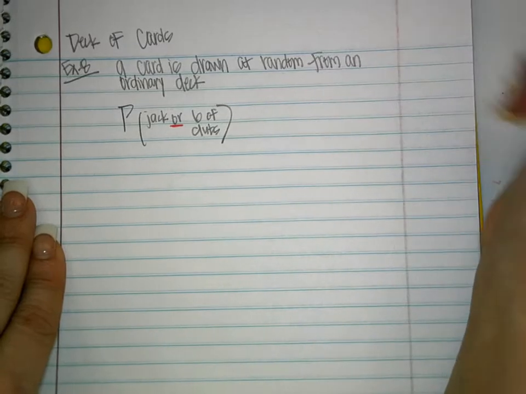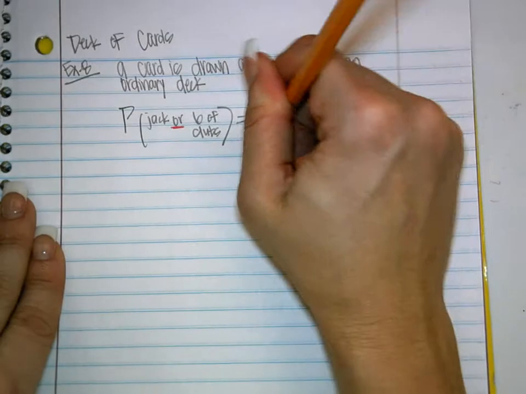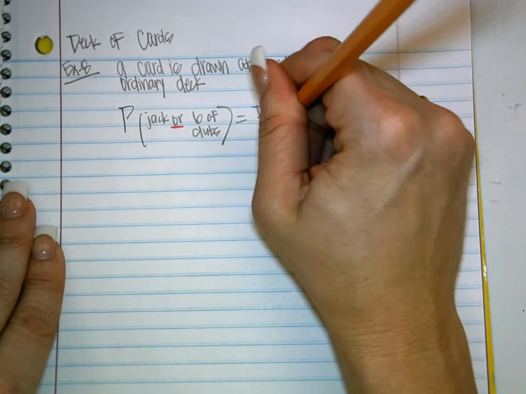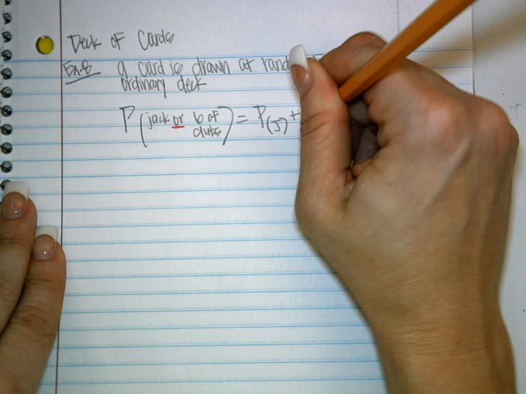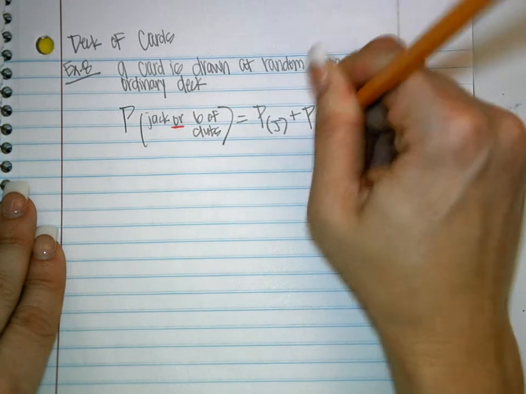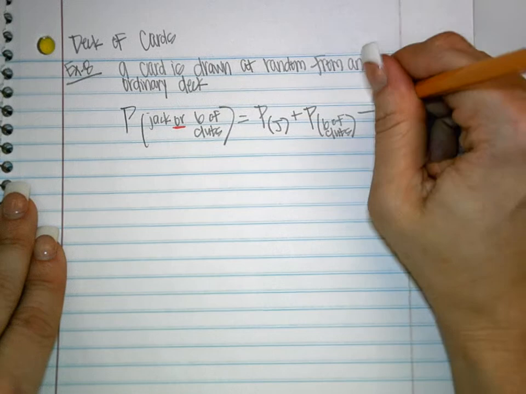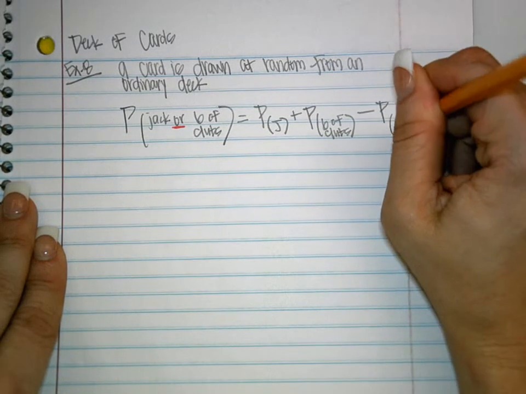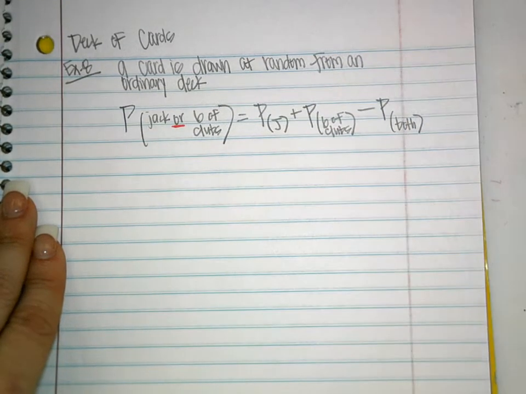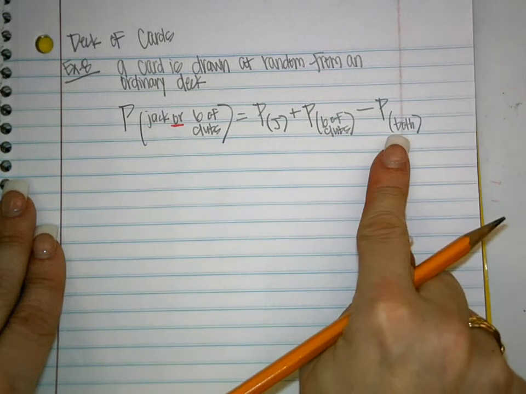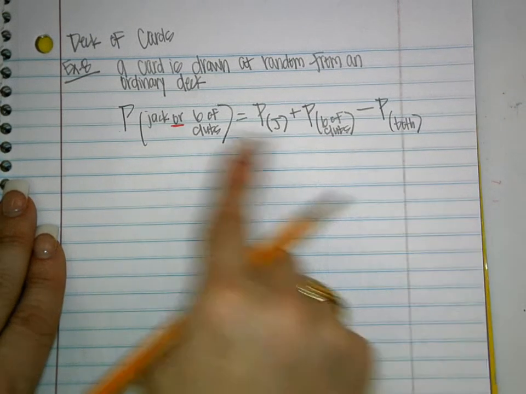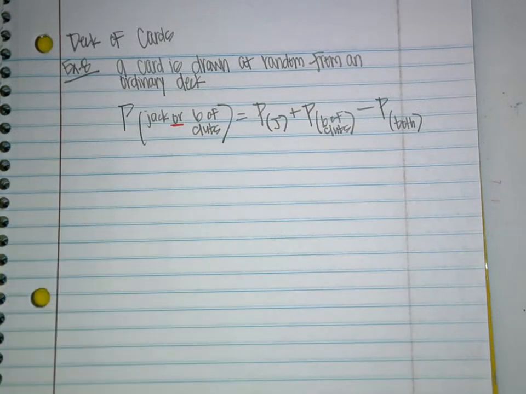So you want to find the probability of it being a jack plus the probability of it being a 6 of clubs, and subtract the probability of being both. Because when you're dealing with cards, there is a possibility that it could be both.